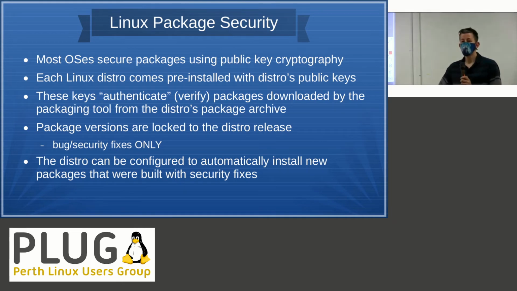Every time you install a package, it actually checks the package file, like a .deb, against the key installed in the OS, and it means the package is always valid and says, yep, this is the same binary file that was uploaded to the archives by the package maintainers.